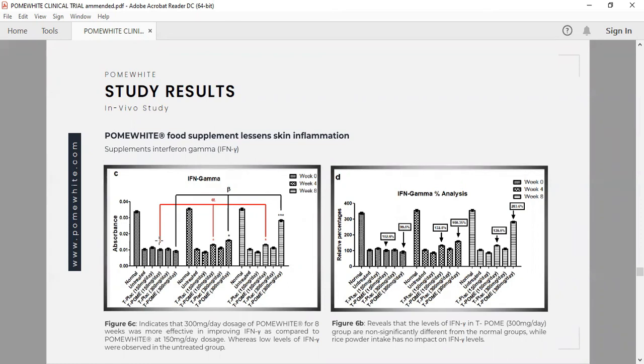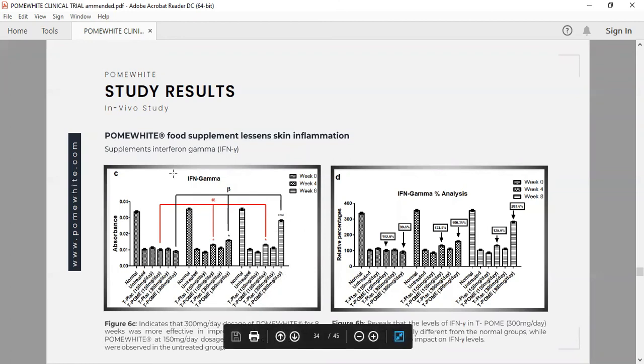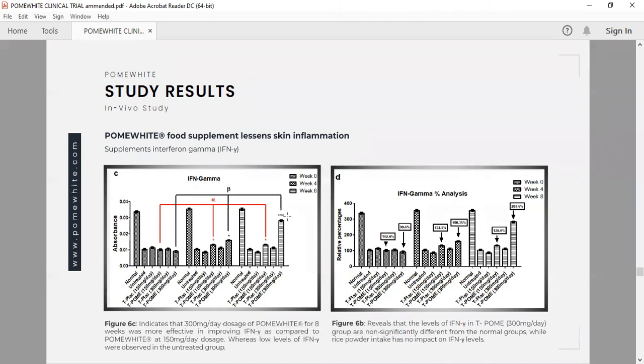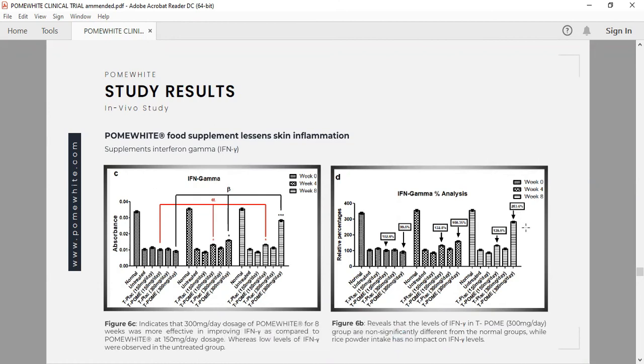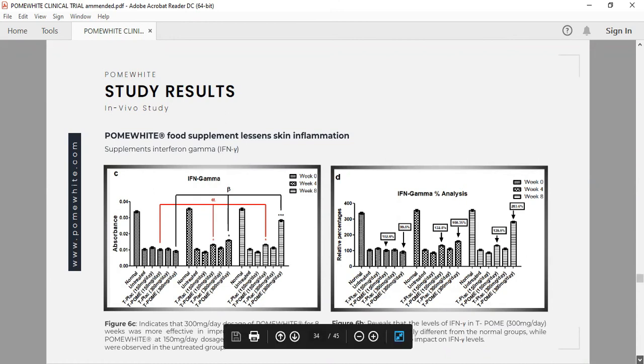Once the volunteers are treated with Pomewhite up to 300 mg per day, their interferon gamma level reverts back towards normal. As this level is high, inflammation around the lesions becomes very low. The percentage analysis again reveals almost a three times increase in the level with 300 mg per day Pomewhite treatment.